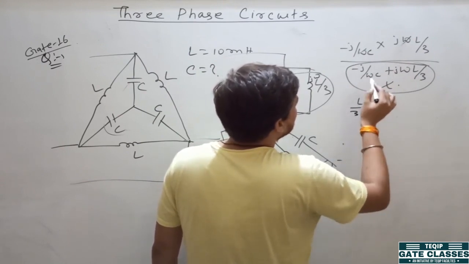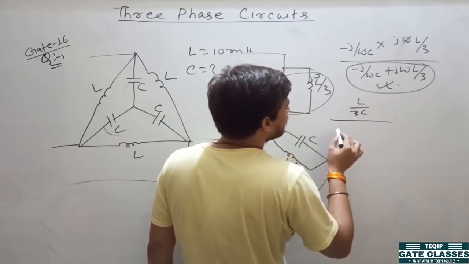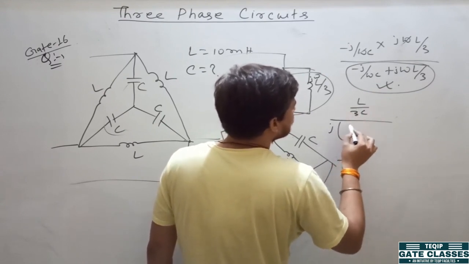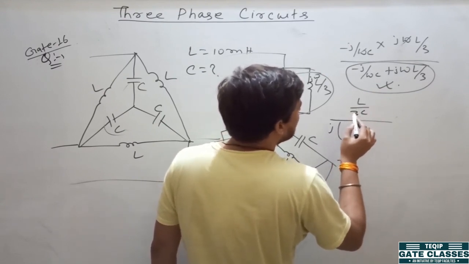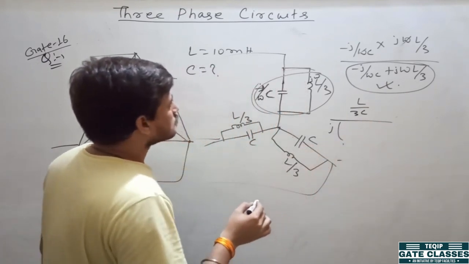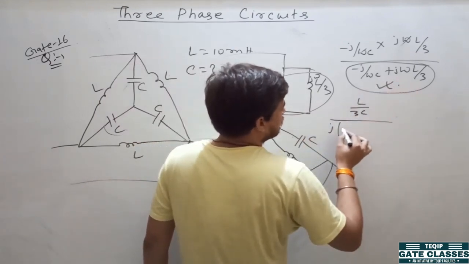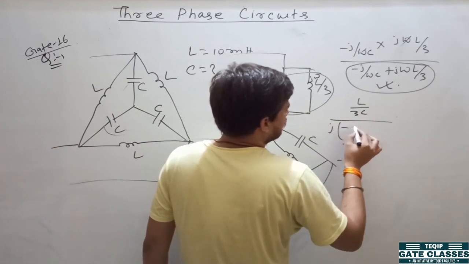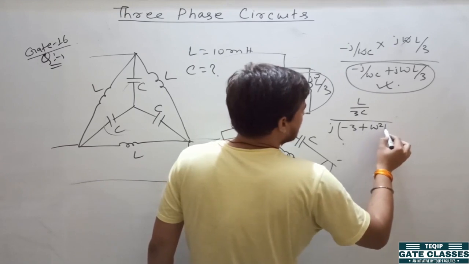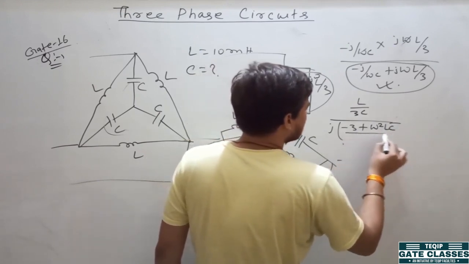At the denominator, if you take j as common, you write minus 3 plus omega square LC divided by 3.